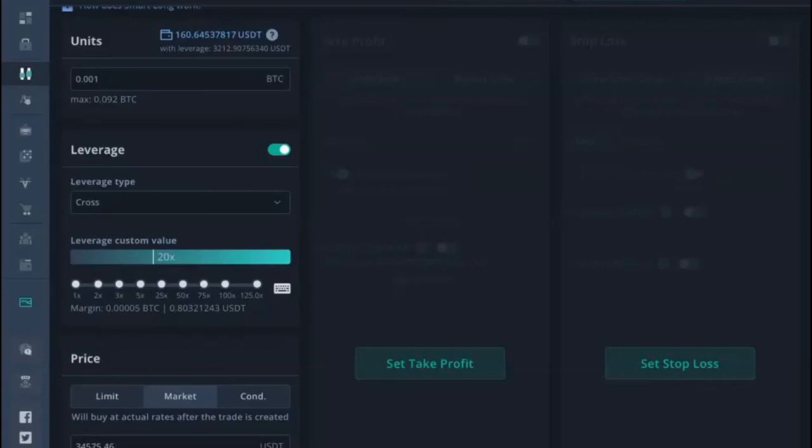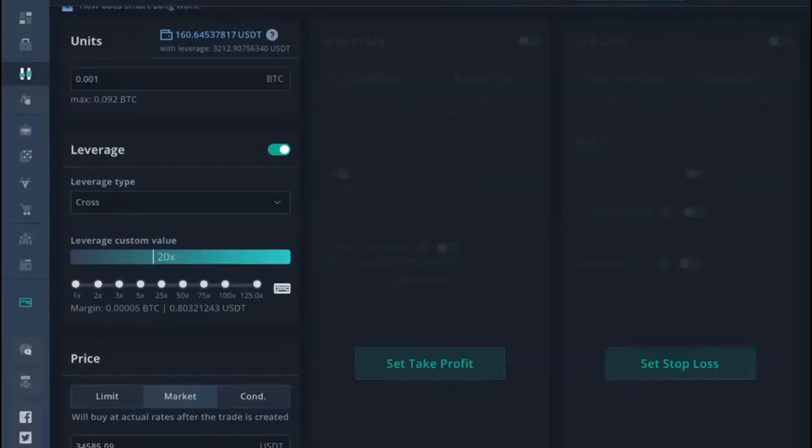So if the trade goes in our favor and we're taking profits, we're going to be taking the profits off of $2,000. If we only get a 2% return on investment after we apply leverage, that's going to be $40. If we're losing 2% on that, then it's going to cost $40 worth of margin in order to sustain.